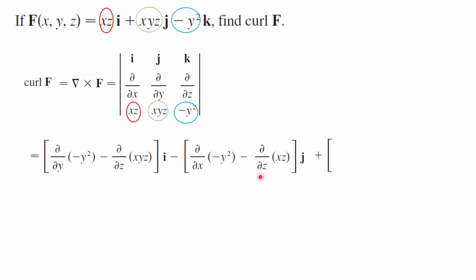And finally, the last component is the partial derivative of xyz with respect to x minus the partial derivative of xz with respect to y in the direction of z-axis.